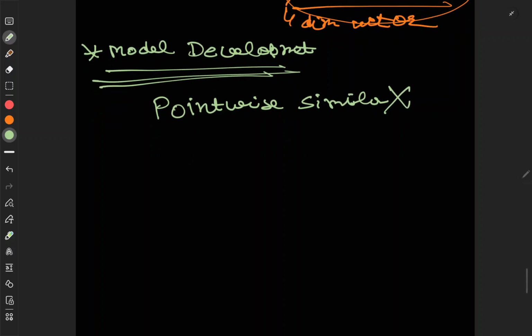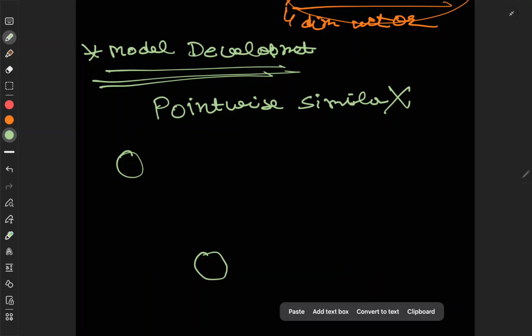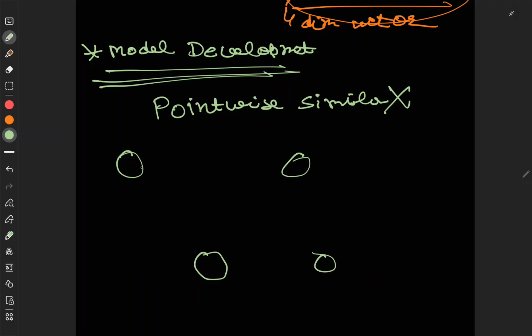Now we know that if we represent every particular user as a node, meaning the whole social structure as a graph, let's say A and B are friends, and this particular edge represents friendship.